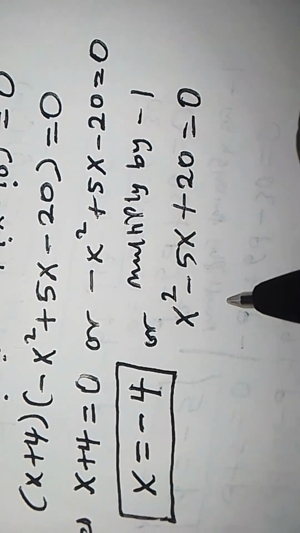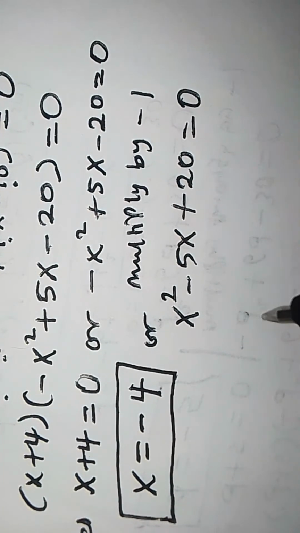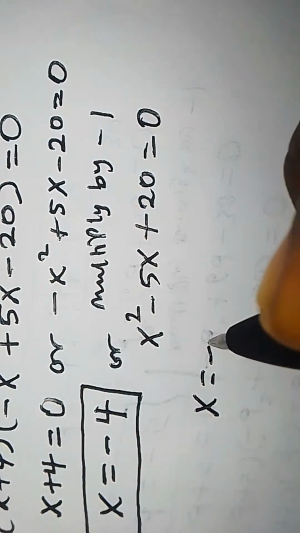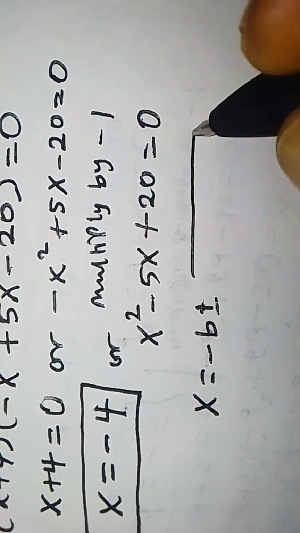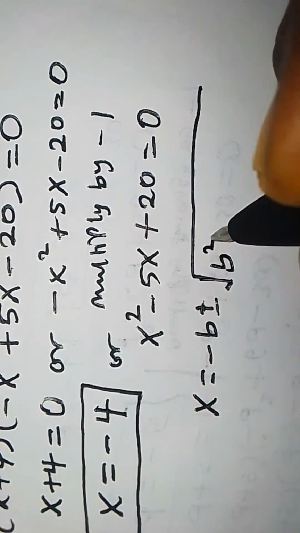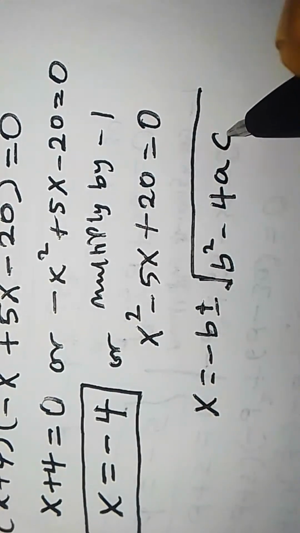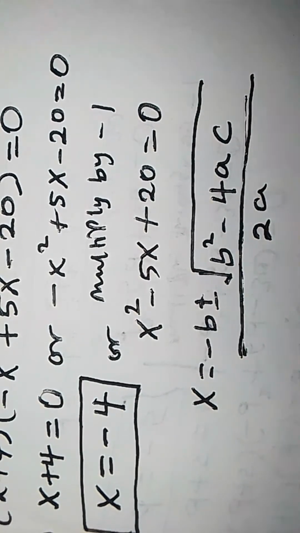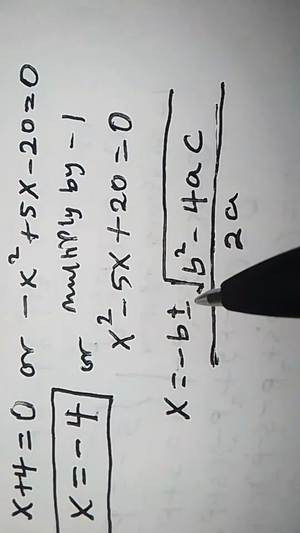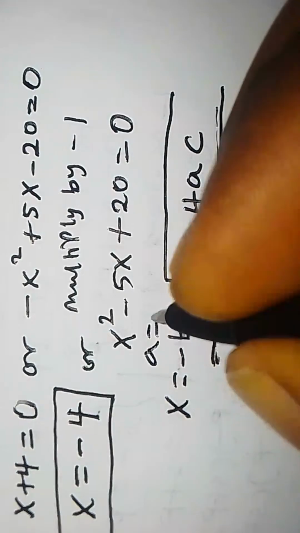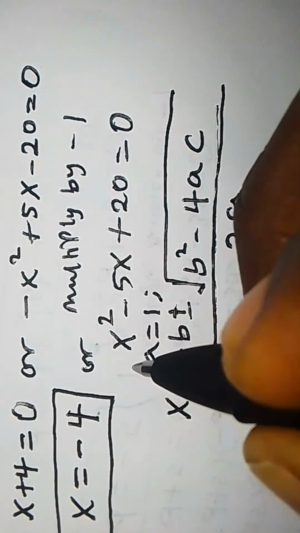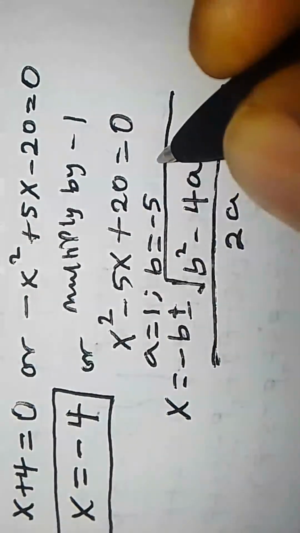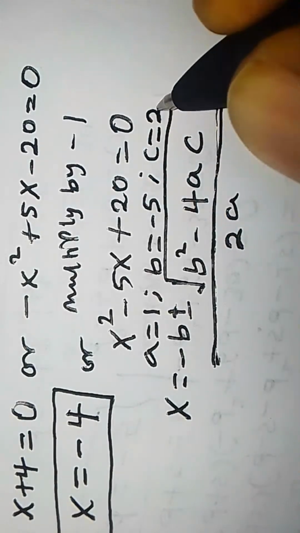So, we can now solve this equation using quadratic formula, which is x equal to minus b plus or minus square root of b square minus 4 times a times c, all divided by 2 times a. From this equation, it is obvious a is equal to 1. That's the coefficient of x square, 1. B is equal to minus 5, coefficient of x, while c is equal to 20, the constant.